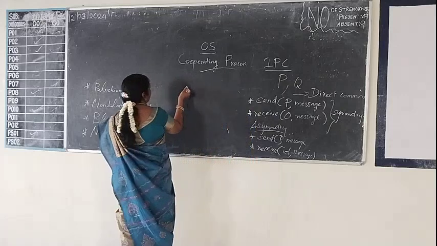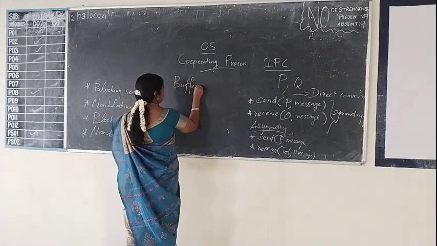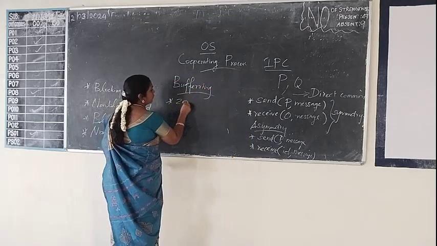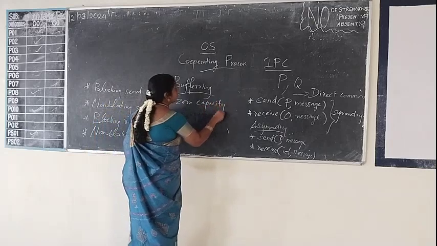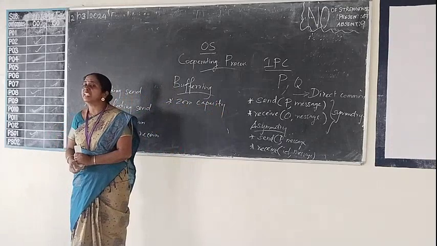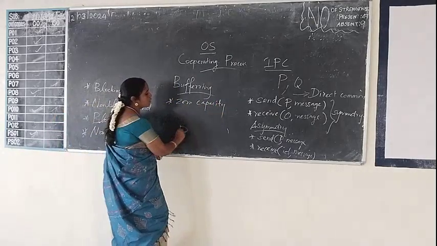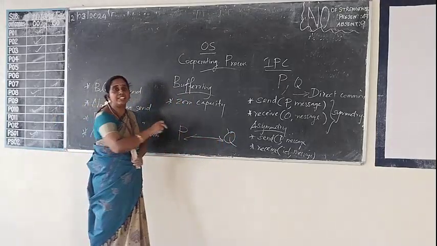In buffering, three categories of buffers are used. The first one is zero capacity buffer. In zero capacity buffer, there are no messages lying between the two classes. Let us say, if one class wants to send a message to another class, there is a communication link between the two classes.